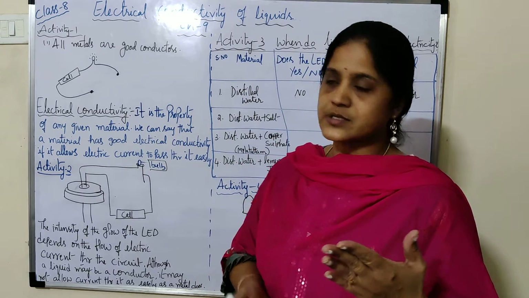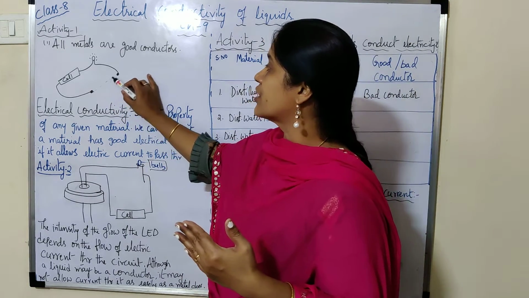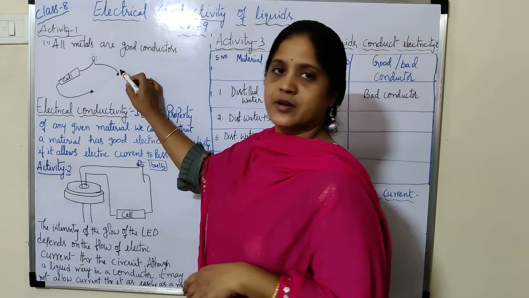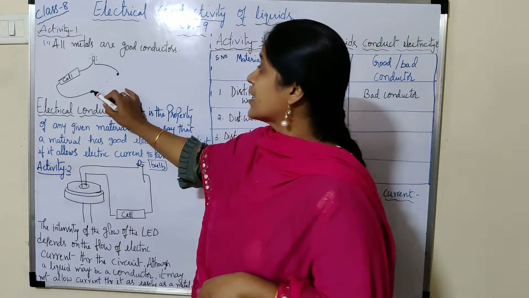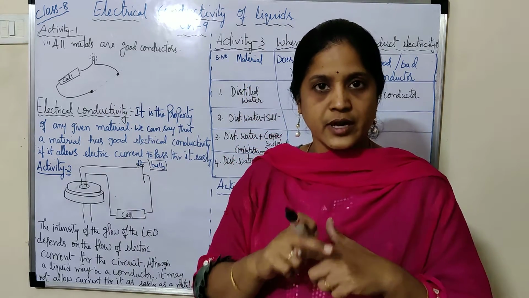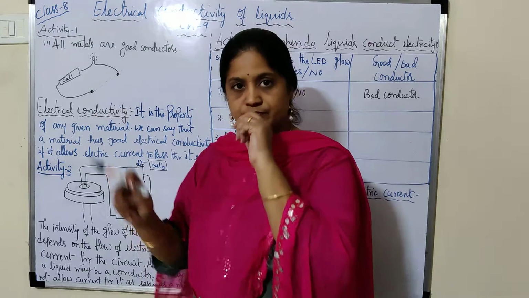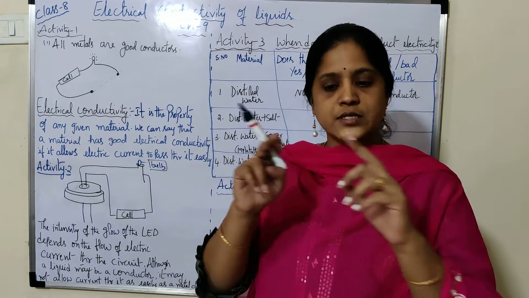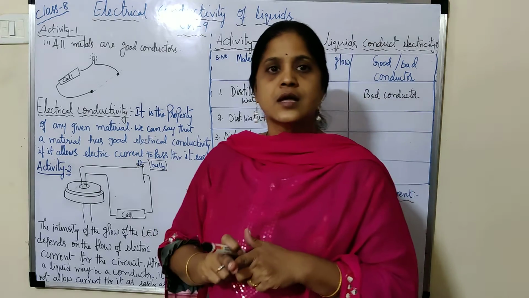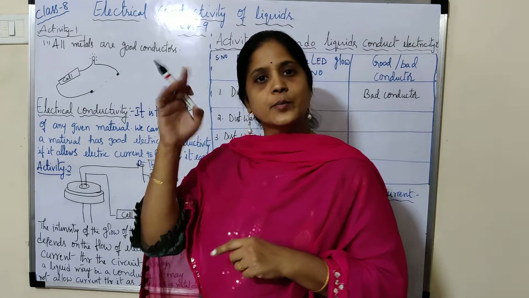If the bulb glows, then the material we have taken is a good conductor. For example, if you take an iron nail, when the iron nail is connected between these 2 terminals, the circuit is completed and the bulb glows. Note that only when the circuit is complete does current flow through all the terminals and the bulb glows.